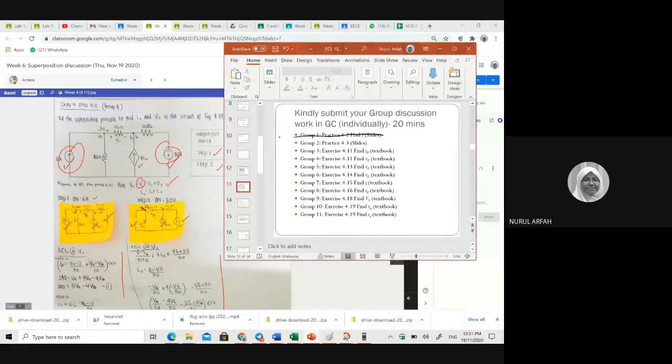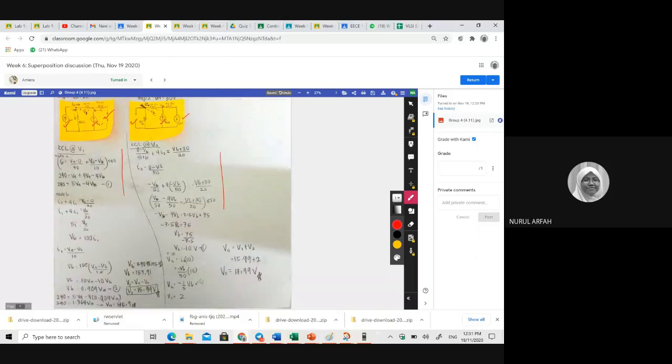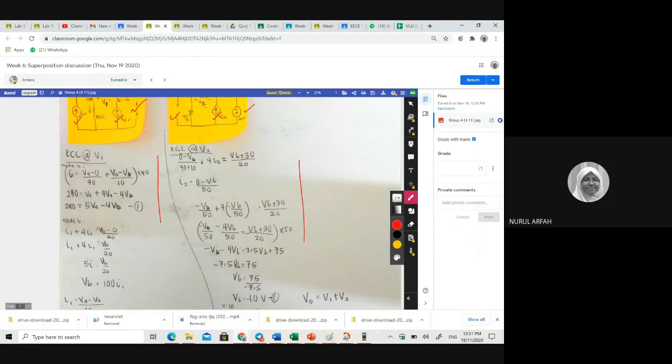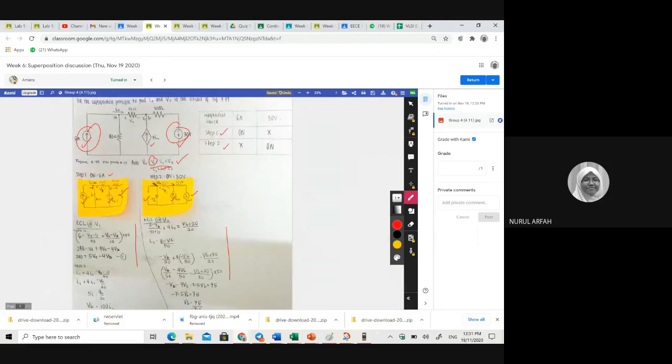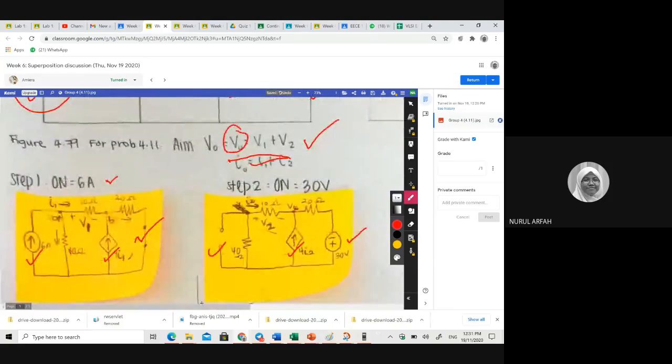Group number 4 is supposed to find V naught. Okay, V naught, not this one, because I left another one for group number 3. Then if you look, V naught is here. So in your first information here, it's supposed to be V1, yes. And this one, V2. Because V1 here and V2 here.